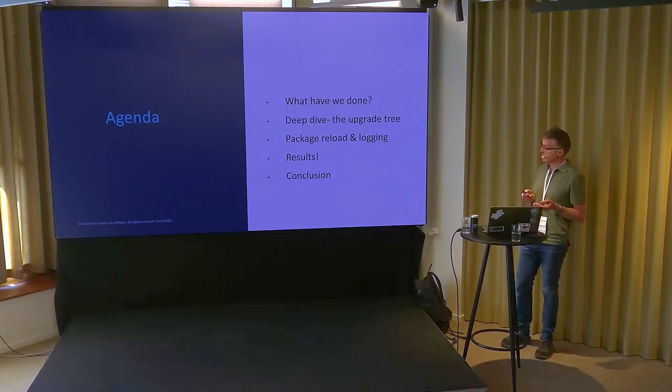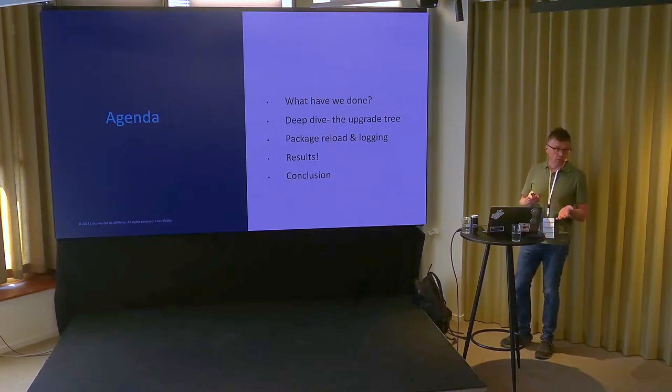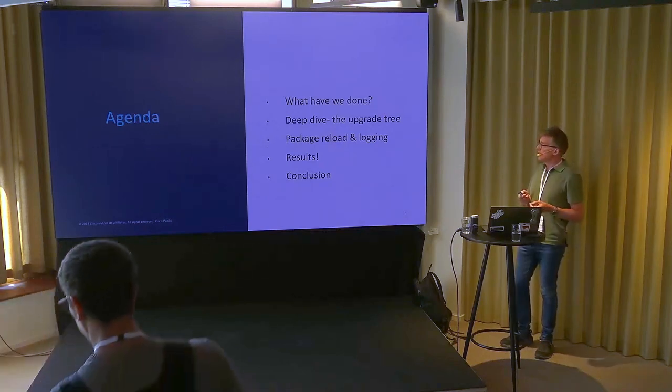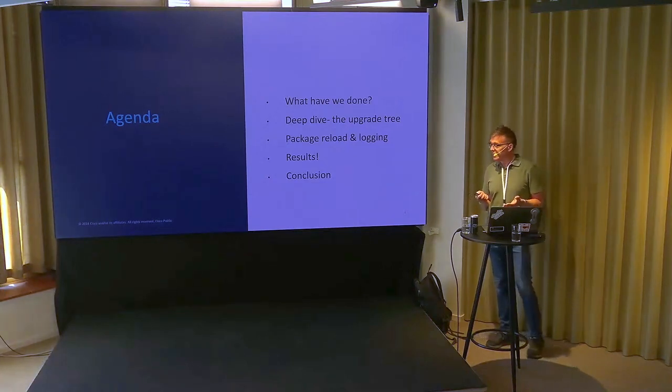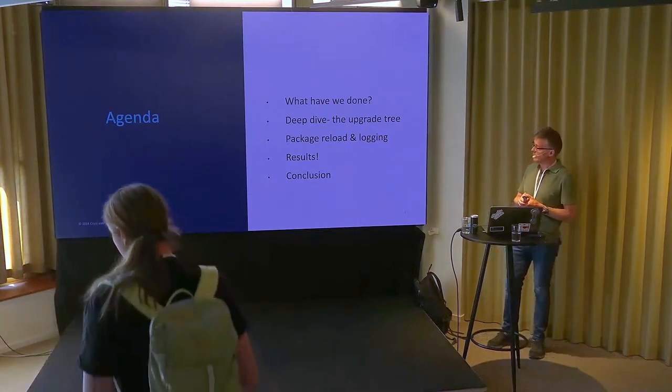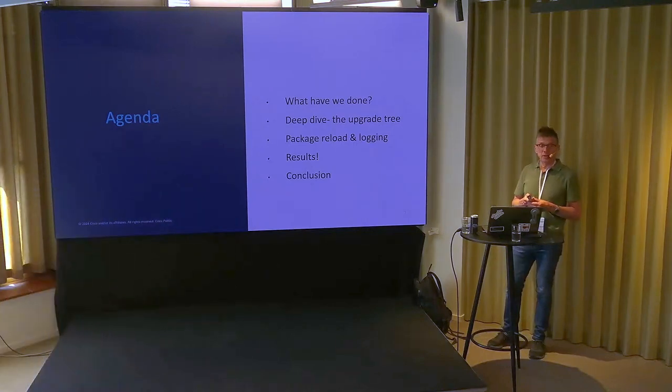We are then going to look at two new options for the reload action and some logging improvements. And the exciting things, the results, of course. And we will end up with a number of conclusions.